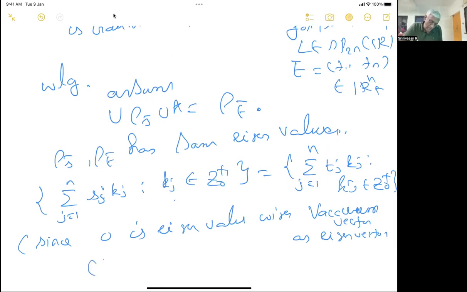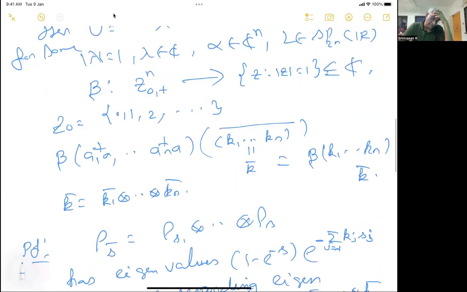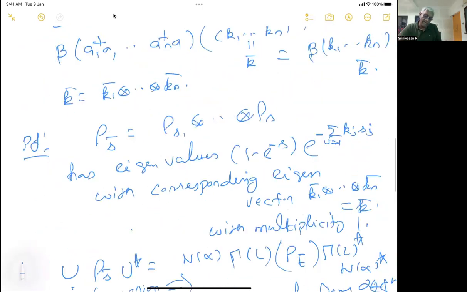So this just means 1 minus e power s is equal to 1 minus e power. I mean, it is not 1 minus e power. It is the product of these things. I missed something. It is the product of sj here, j equal to 1 to n. We are taking the tensor product, no?